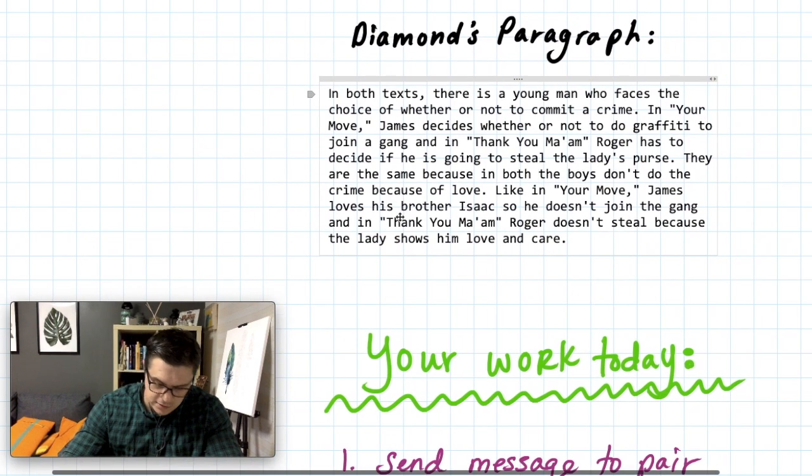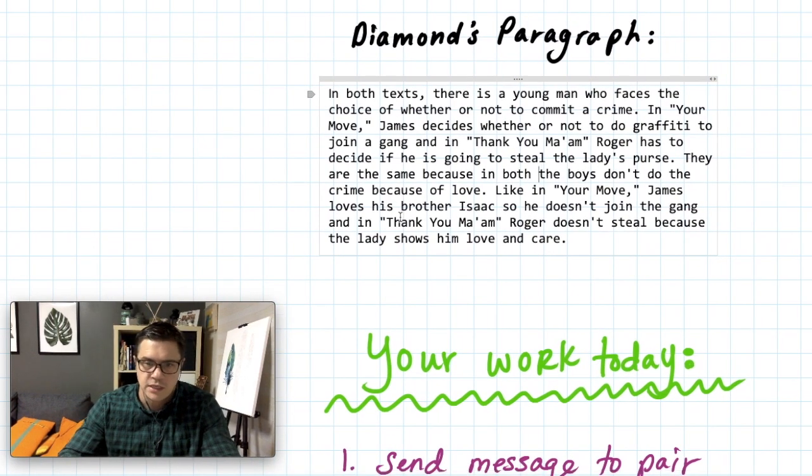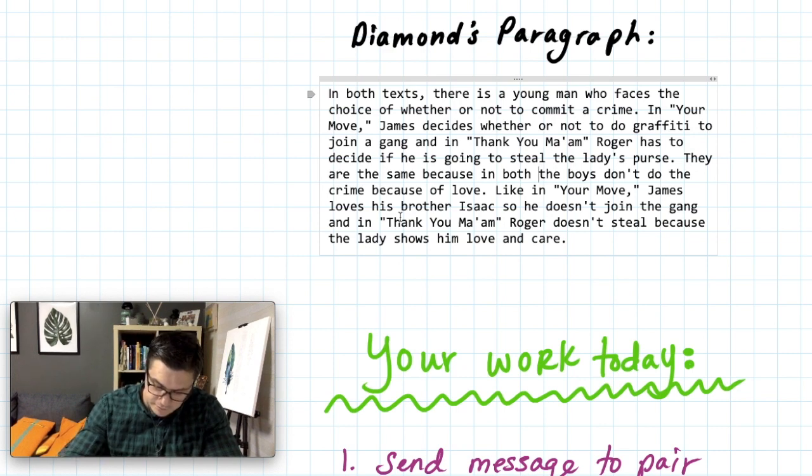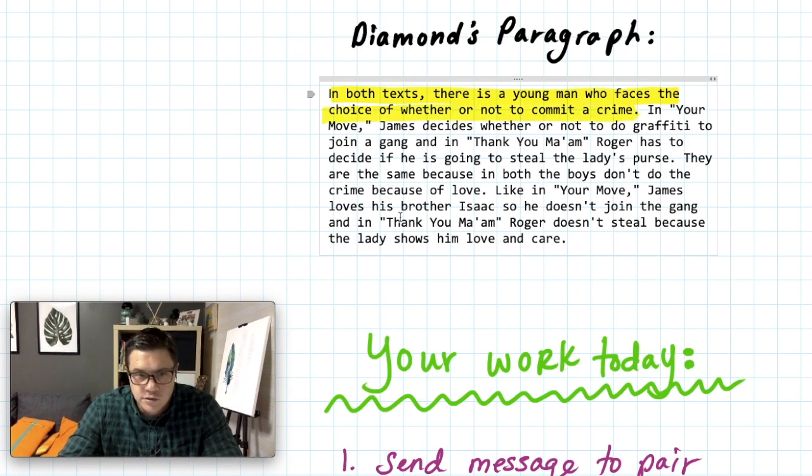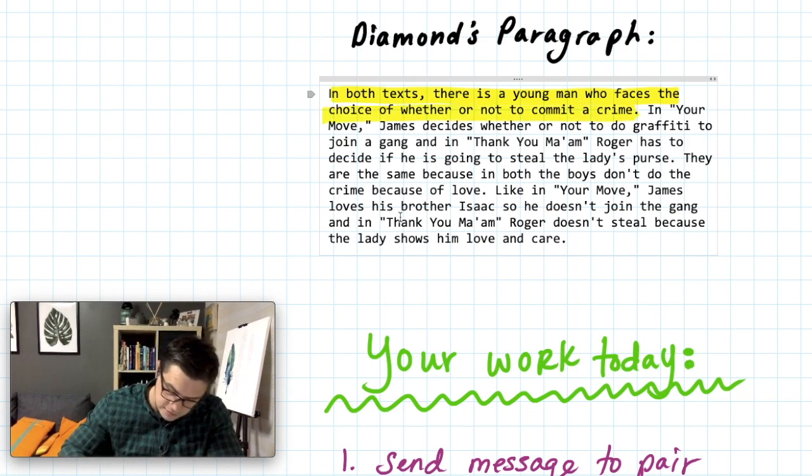Okay, so let's talk a little bit about what we see in this paragraph. So what jumps out at me right away is this here, what I'm highlighting. And you guys, you should know what that is. Okay, we know this is our topic sentence.